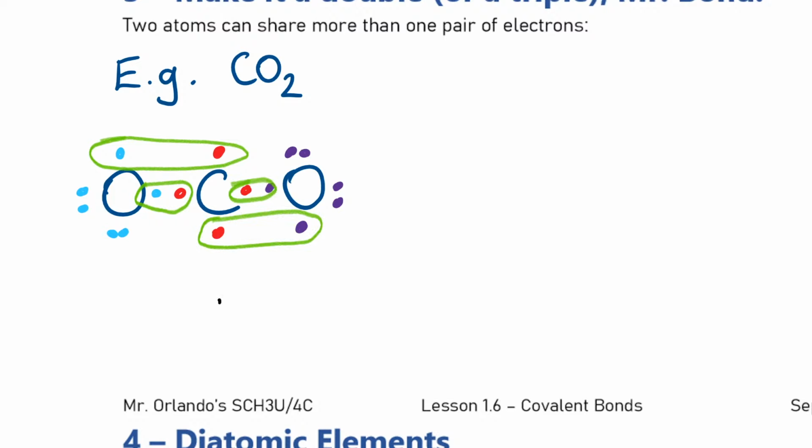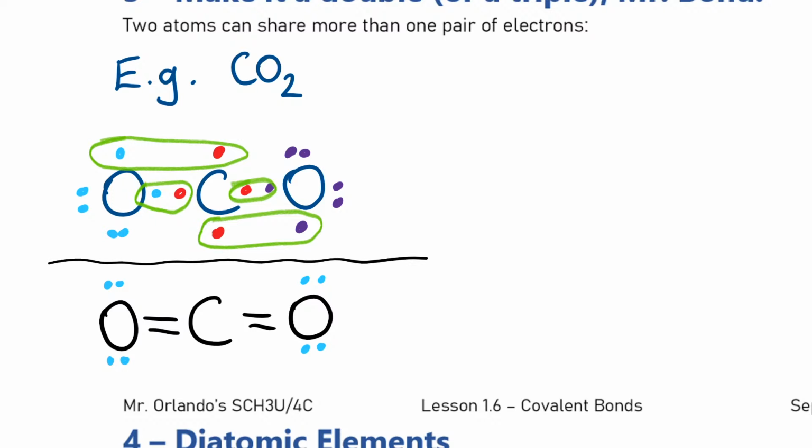And the way we would draw that, again, is like this. So they can make more than 1 bond. And of course, we usually will put in the unshared pairs of electrons still when we draw that Lewis diagram. And we would call this a double bond, so called because it's making 2 bonds. But it doesn't have to stop there.